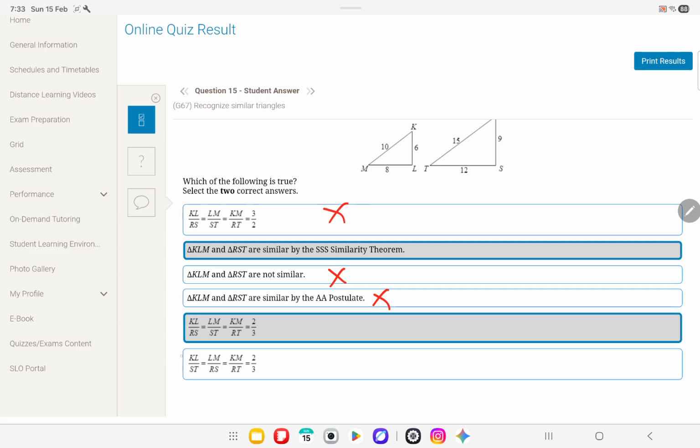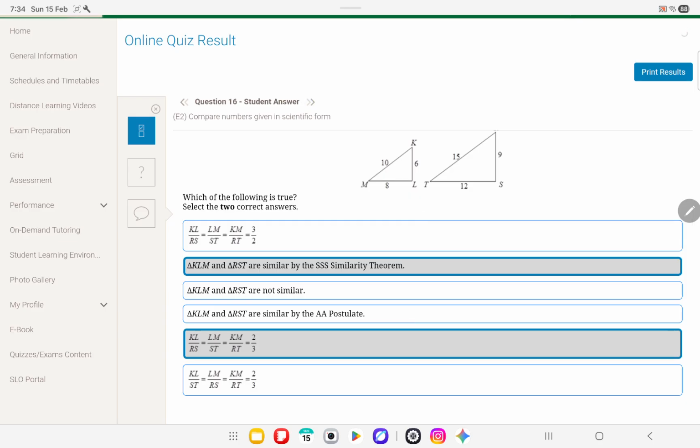And here it's LM over RS, but these two are not supposed to be used. It's supposed to be LM over ST, so this is wrong. So these are just the answers.